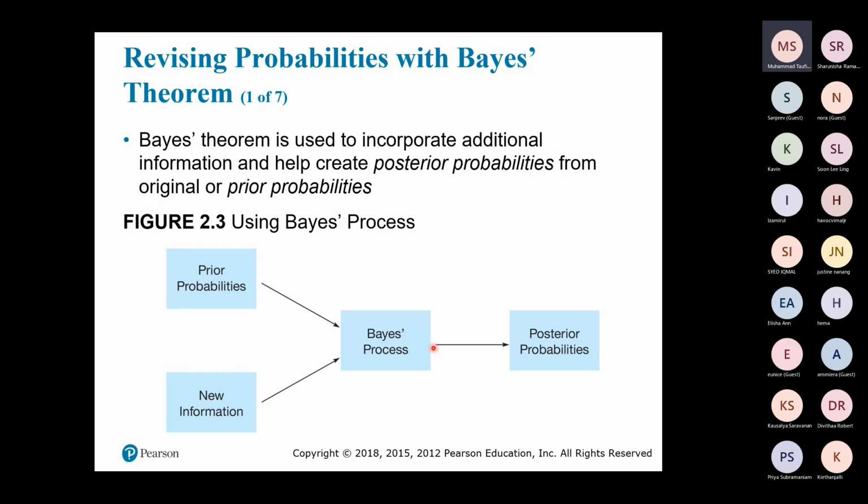So what Bayes' theorem is, we have the history data, for example, maybe your sales in the previous month or previous year.